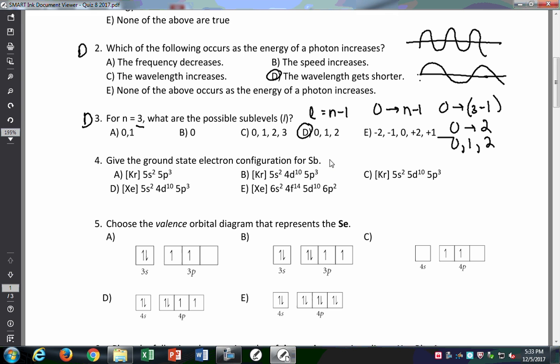And then carbon can also have a 2s, and a 2p.